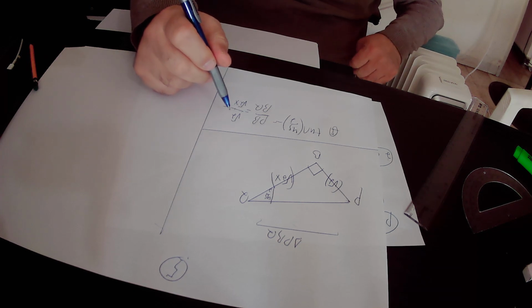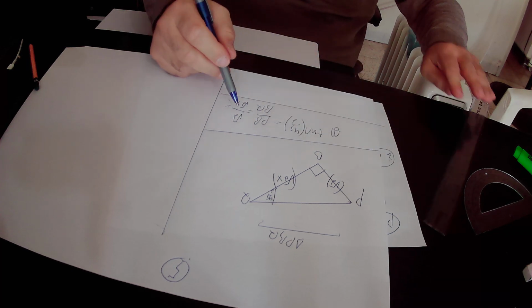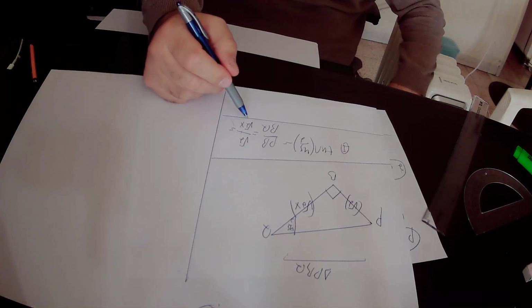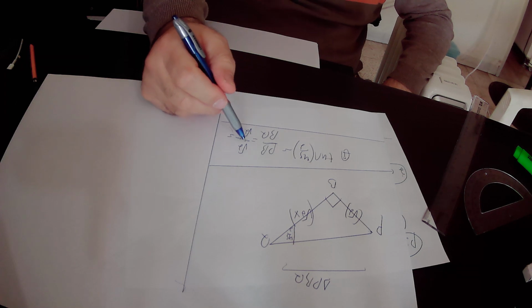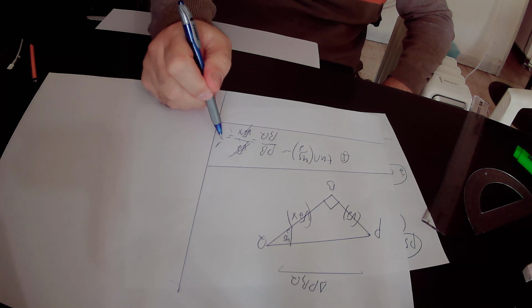So here we have the square root of 2 in the numerator and the square root of 2 in the denominator, so the square root of 2 will get cancelled, and we're left only with 1 over x.